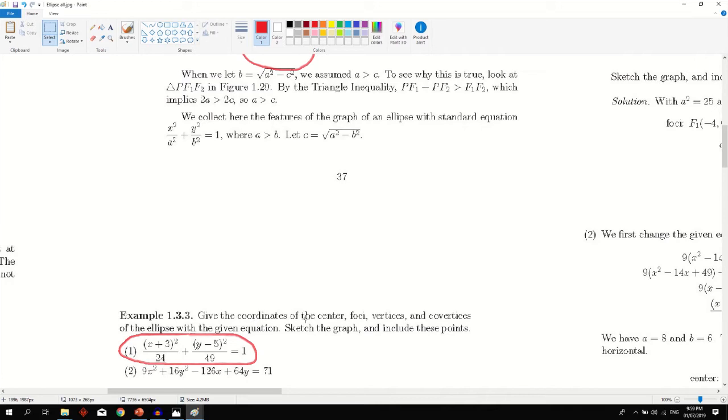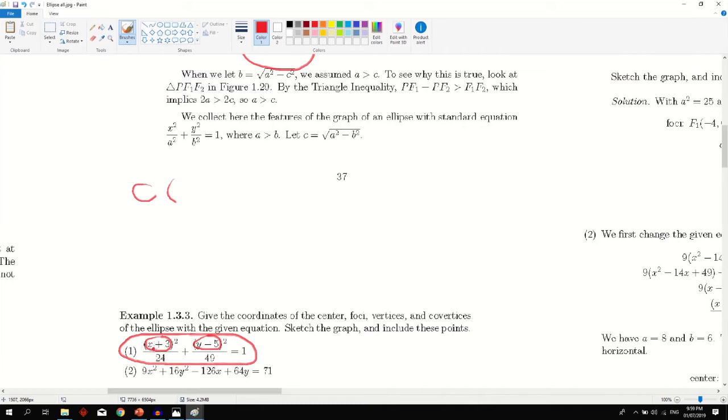Sketch? Okay, so we get first the center. How to get the center of this? We'll just look at this one, and also this. What's the x?